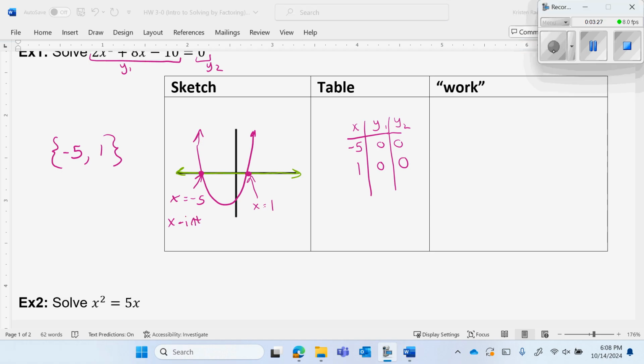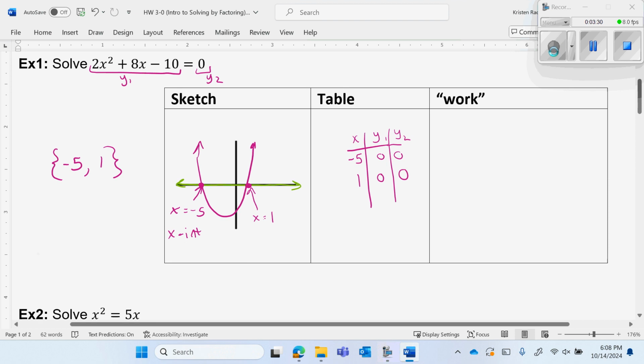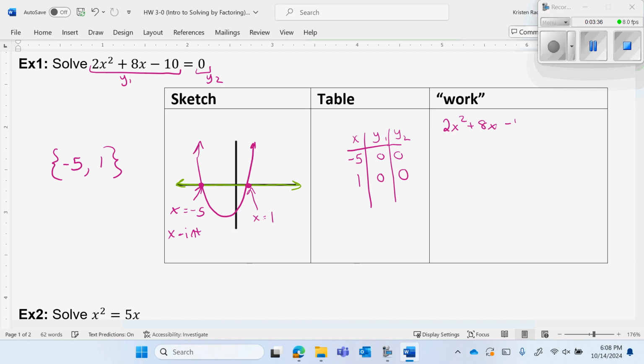Now let's talk about how to solve this algebraically. We have 2x squared plus 8x minus 10 equals 0. In order to solve an equation algebraically, you're going to factor it. And what do we see here? Hopefully we see that there's a GCF of 2.